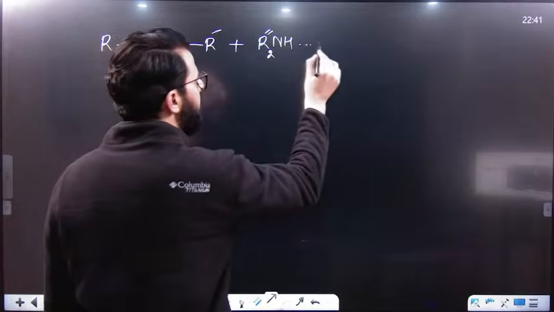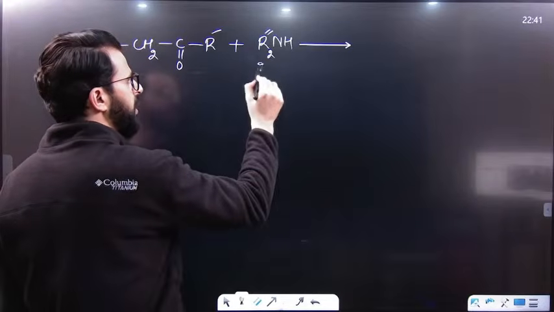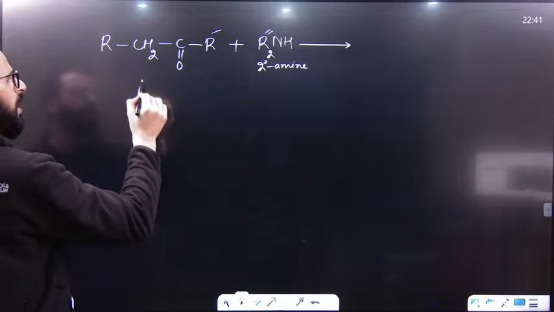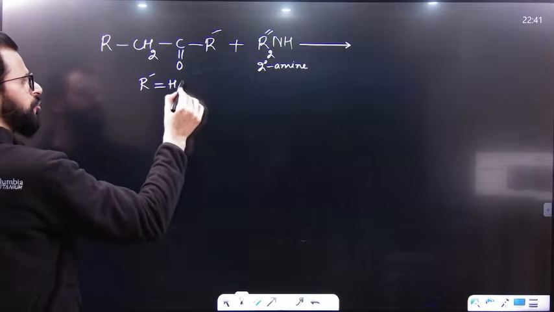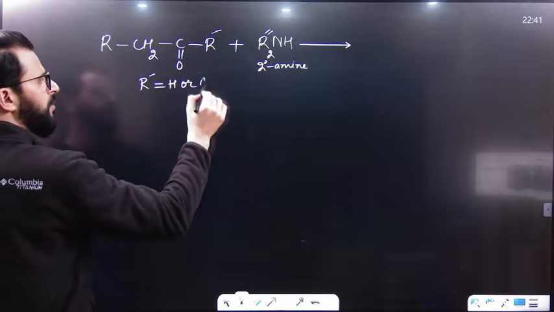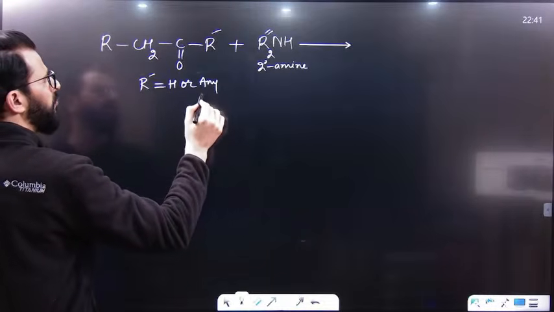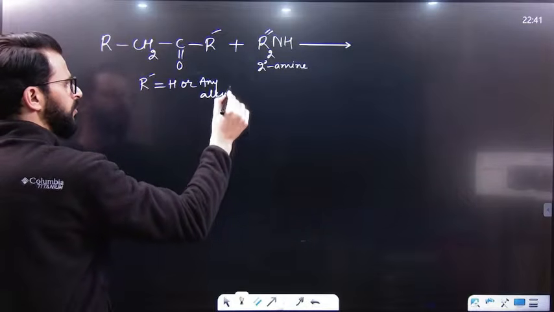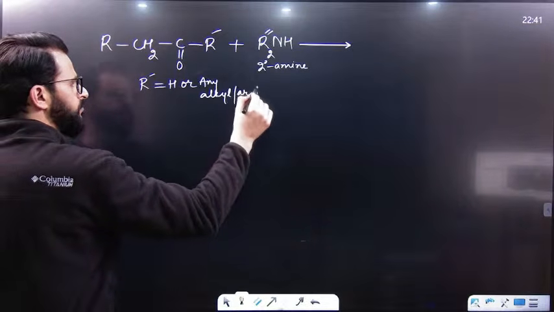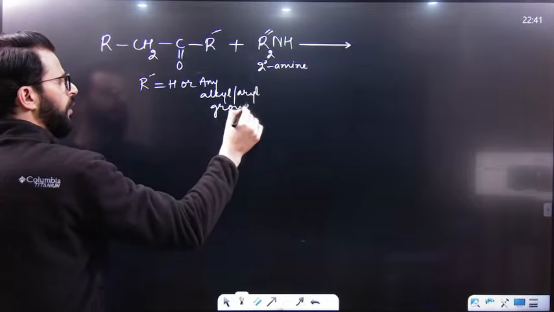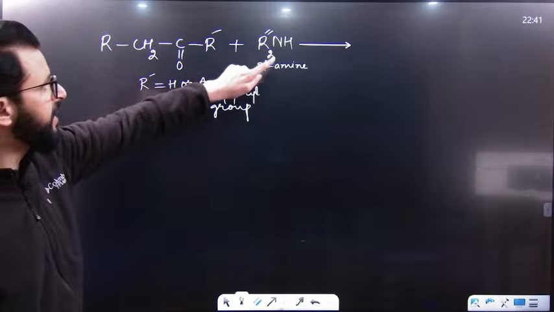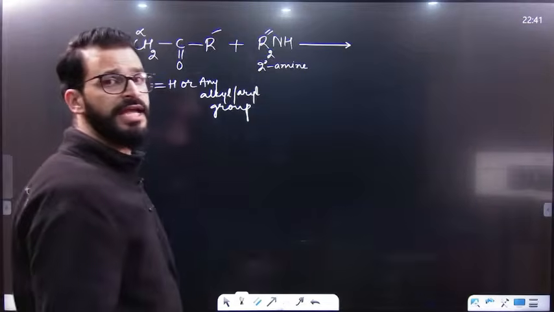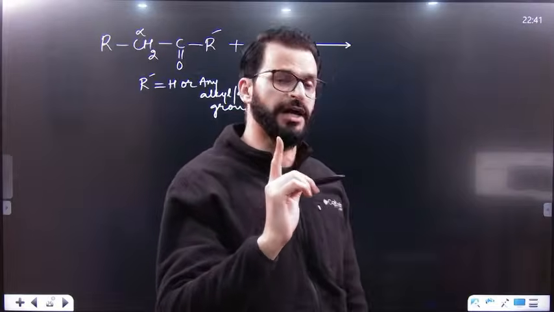Whenever a secondary amine reacts with an aldehyde or a ketone, here R prime is either H, that means it is an aldehyde, or R prime is any alkyl or aryl group, at that time it is a ketone. Now, our aldehyde or ketone must contain at least one alpha hydrogen. Why is it so?